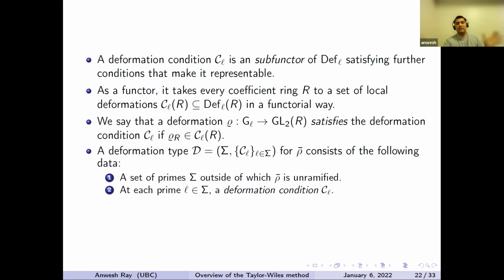One way to think about this is that the set of all deformation conditions is some kind of scheme, and your C_L is a closed subscheme inside that scheme. For instance, if the prime is p, your ambient scheme has a certain dimension, and your deformation condition could be all ordinary lifts.